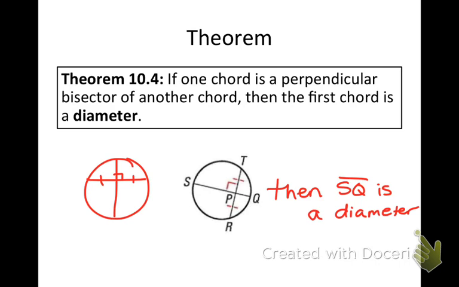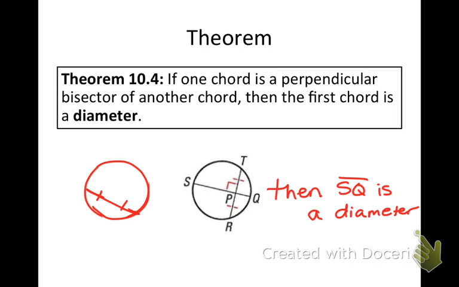If it wasn't a right angle, and these had to be congruent, then that would force this chord to not be a diameter.